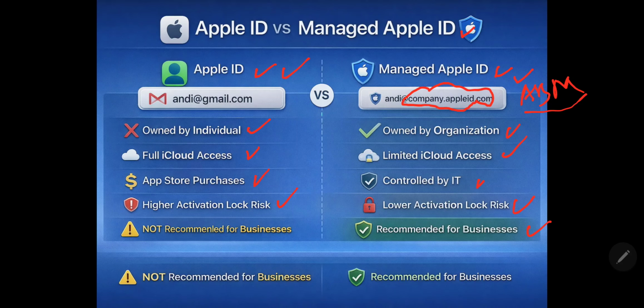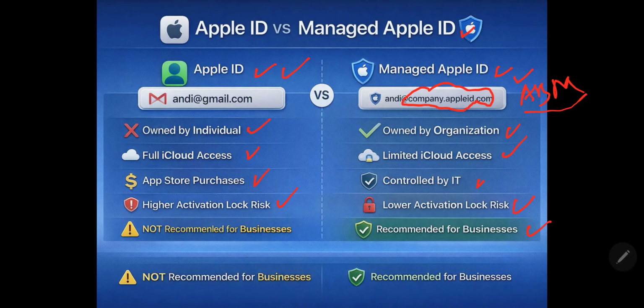Before, for Apple ID you needed to go to appleid.apple.com, but for Managed Apple ID you need to go to business.apple.com. Click Enroll now. Use a company domain email, not Gmail or a personal email. Submit company information: legal entity name, DUNS number, address, and so on. Wait for Apple verification, usually a few days.